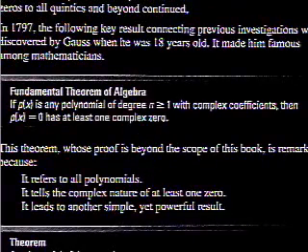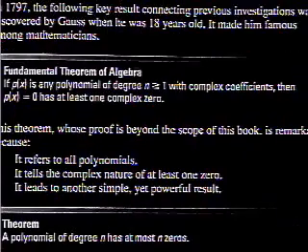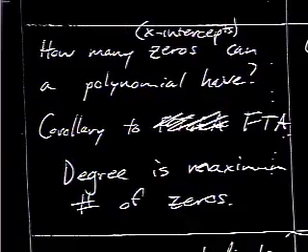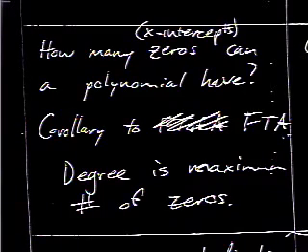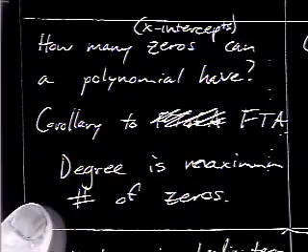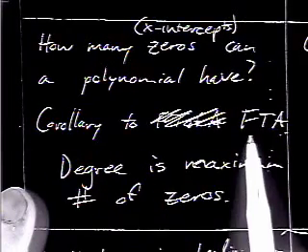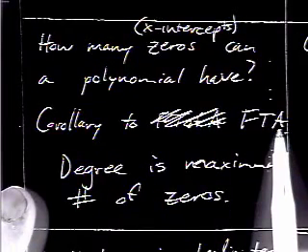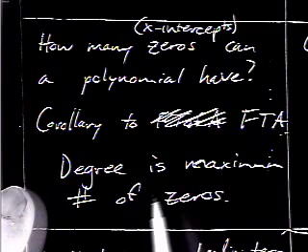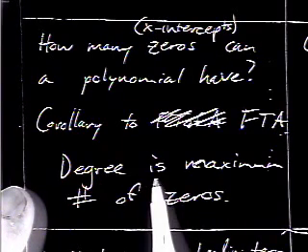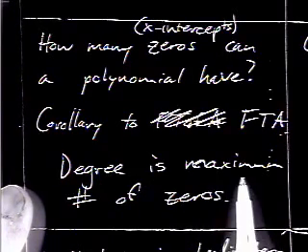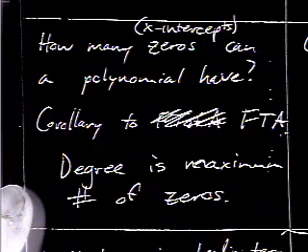I will say this. The corollary that comes after it is far more useful than the fundamental theorem of algebra. I am not going to ask you to memorize that, but the next part you will. The corollary to the fundamental theorem of algebra, I'll abbreviate it FTA, says that the degree of the polynomial is a maximum number of zeros.